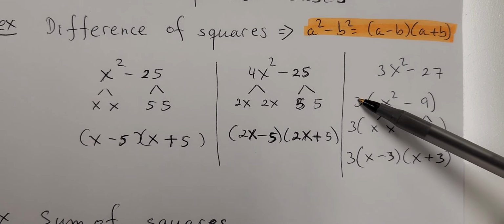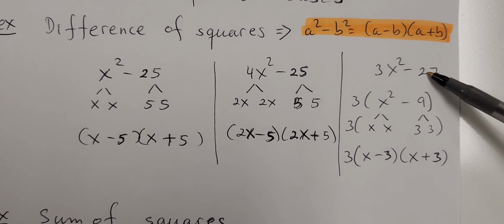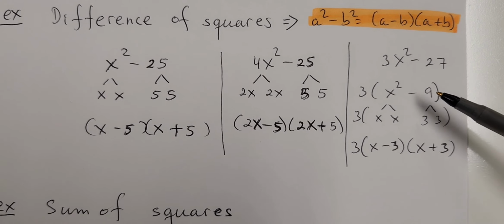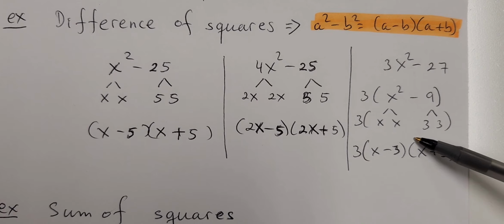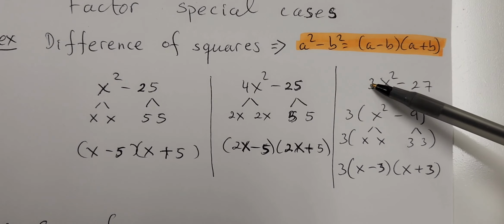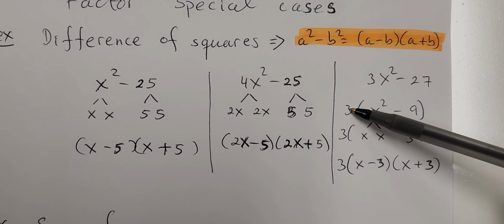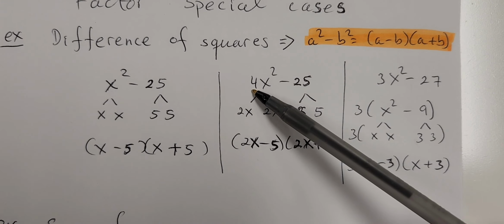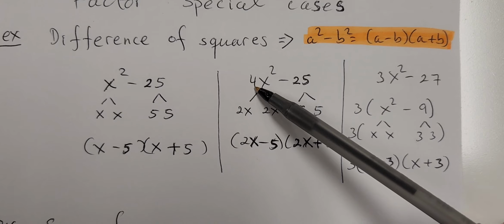So take this 3 out and then divide 27 by 3. That gives me the 9. Okay, so be very careful. Again, this 3 is an extra, so we have to take the extra out. However, this 4 over here, how come I didn't take a 4 out?